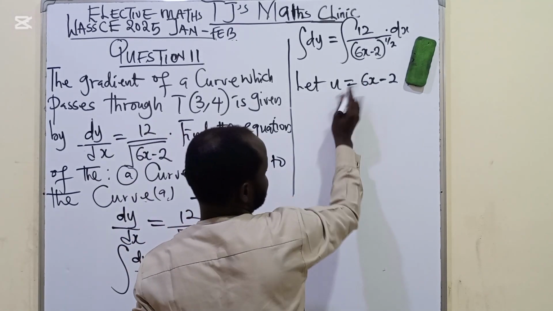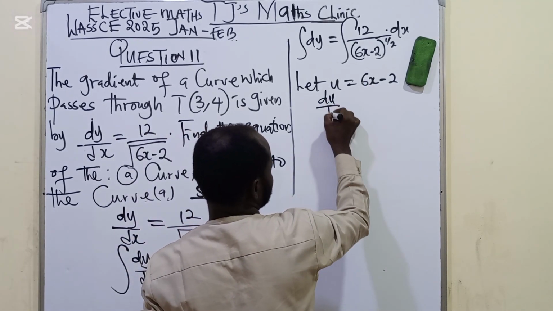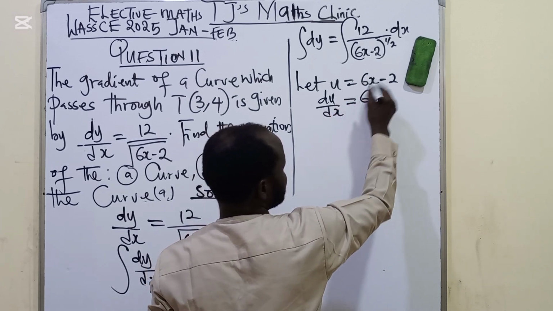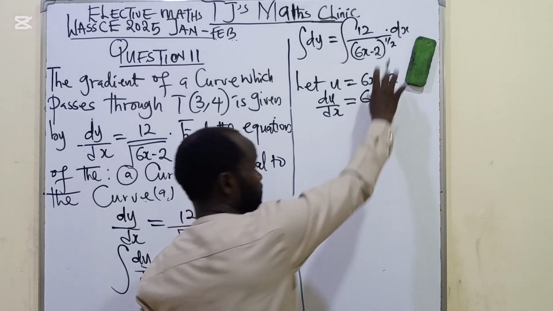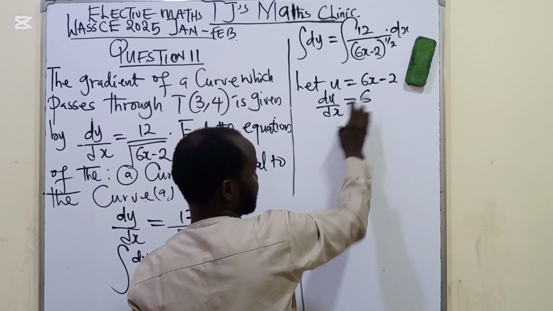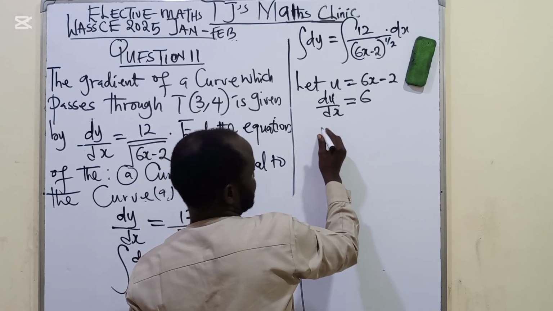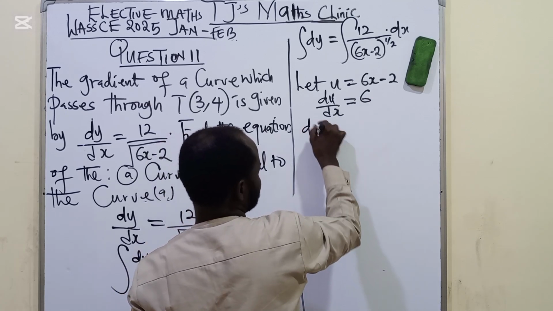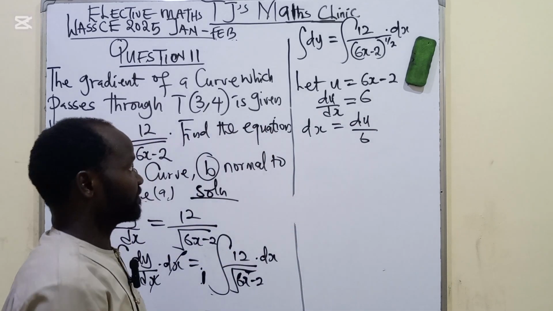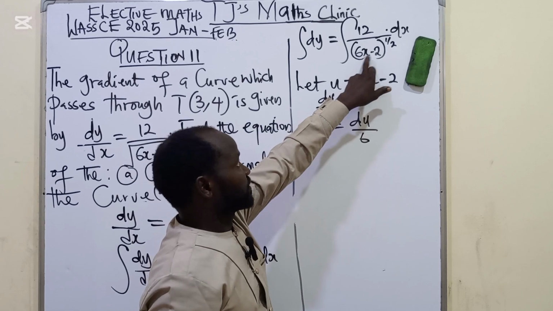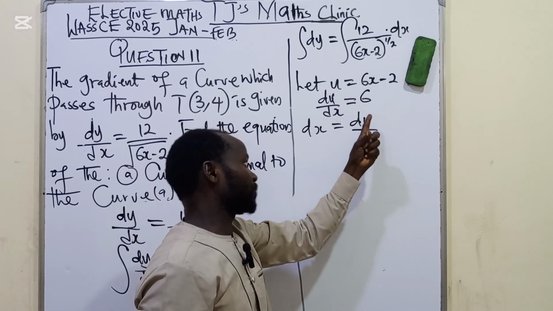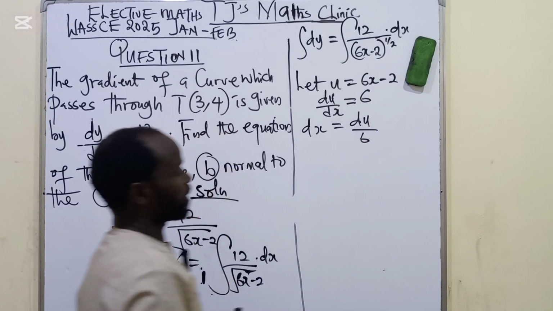So we differentiate this with respect to x. du/dx equals 6, since the derivative of 6x is 6 and the derivative of the constant minus 2 is 0. Let's make dx the subject: dx equals du divided by 6. So first we let u be 6x minus 2, then we differentiate, then we make dx the subject of the formula, and we have du divided by 6.